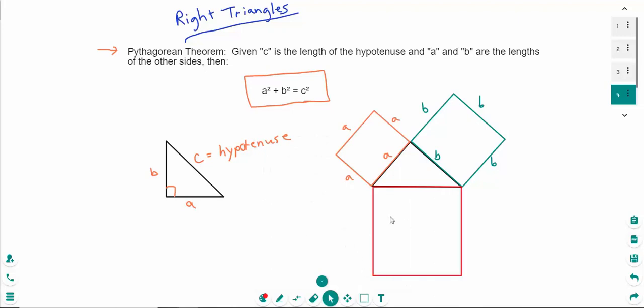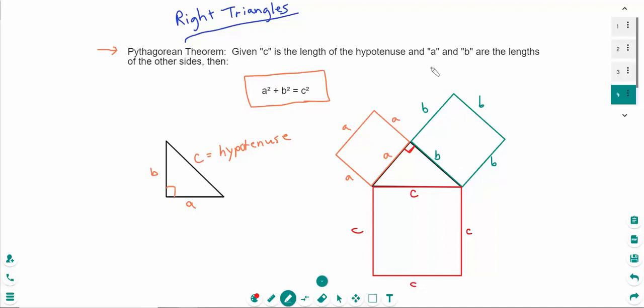So there is our final square, and its length is equal to the hypotenuse side, so we'll call it C. So all these are the same. You can see what we've done here: this is our right angle, this side is A, this side is B, this side is C, and we've created these three squares based on the lengths of these three sides of the triangle.